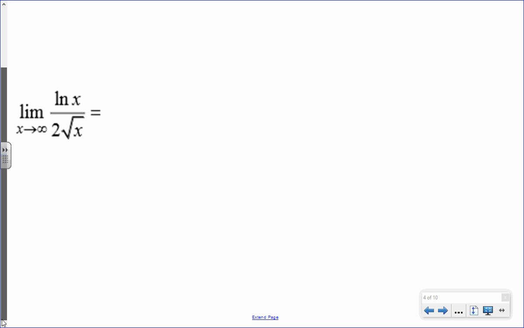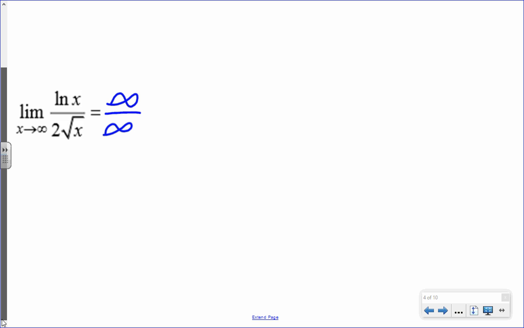I don't. Let's talk about this limit. The limit as x approaches infinity of natural log of x over 2 radical x. What happens towards infinity of natural log of x? Infinity. And what about 2 radical x? Indeterminate.